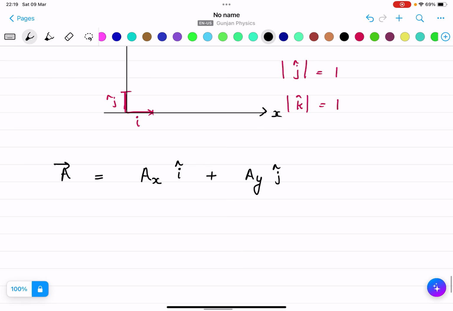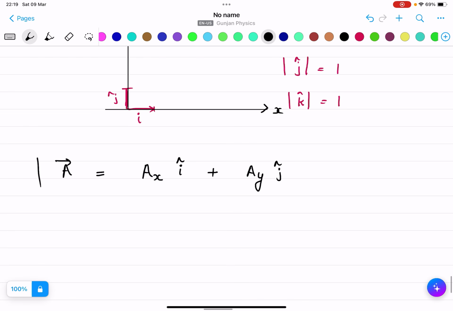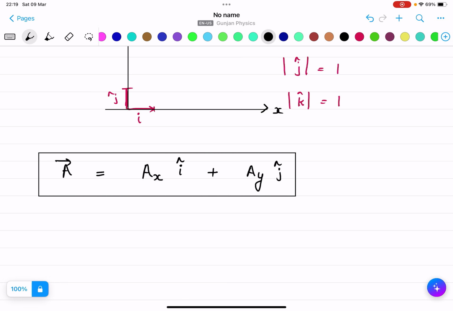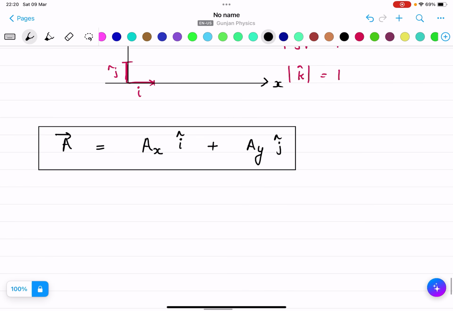Okay, so ax and ay can be positive or negative. So this is the way we represent a vector in terms of unit vectors.